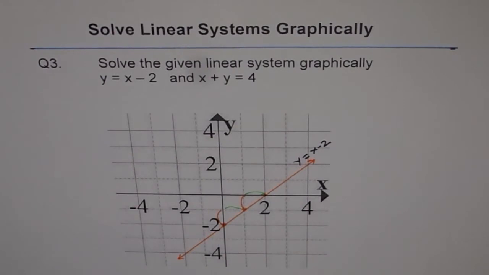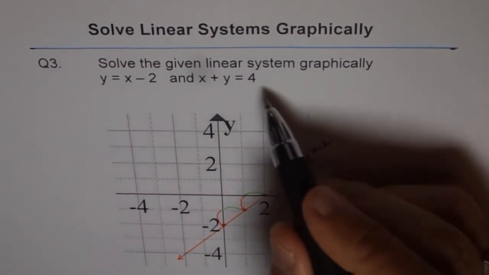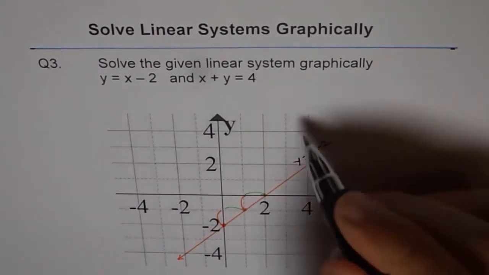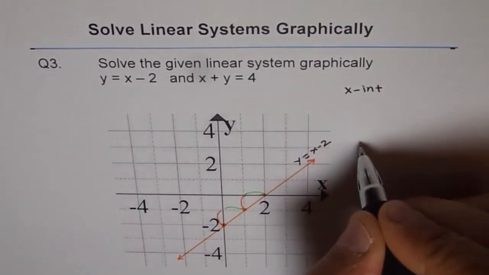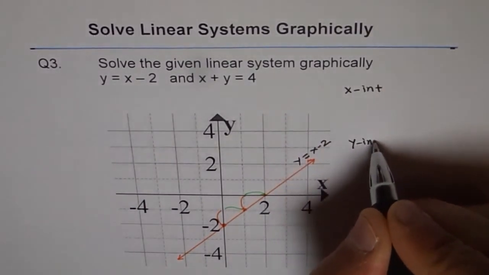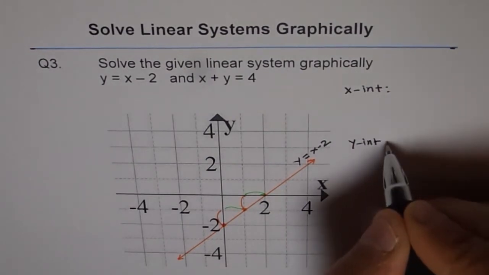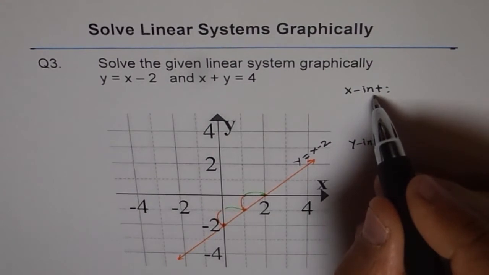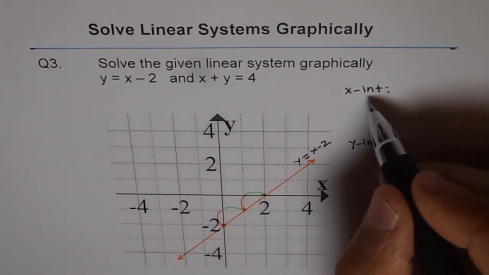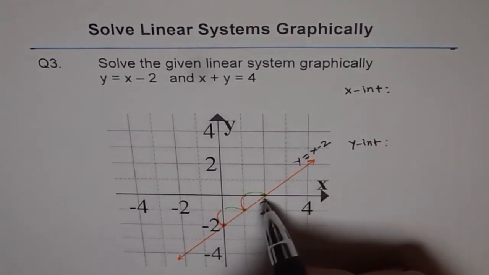The second line is x plus y equals 4. The method to draw this is probably to find the x and y intercepts. Once we find the x and y-intercept, then we can very easily draw this. Now, what is the x-intercept? The x-intercept is a point where the line crosses the x-axis, like this line crosses at 2.